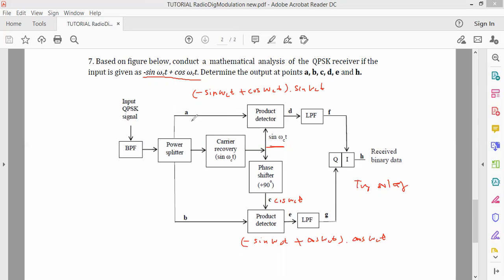Okay. So for A, B, and all this, you need to write down the equations lah. For example, this A is minus sine omega ct plus cos omega ct, B also same.